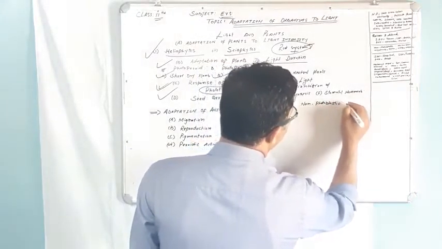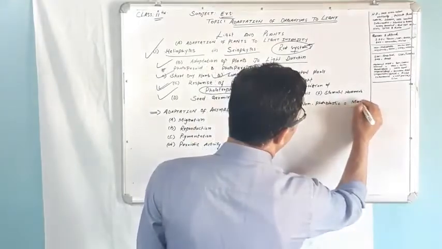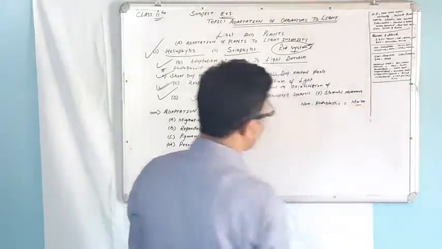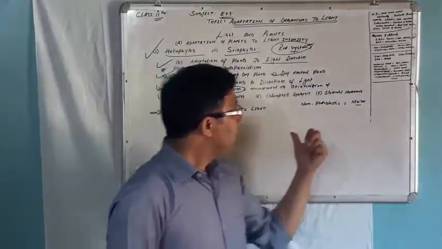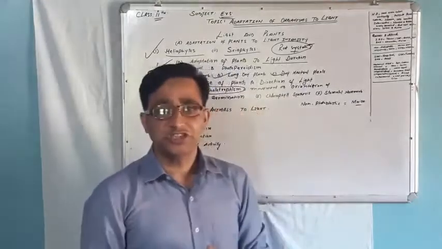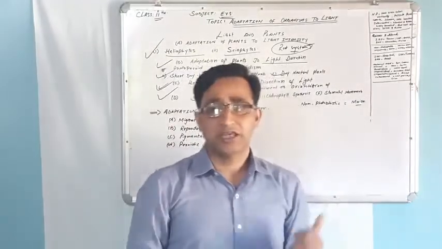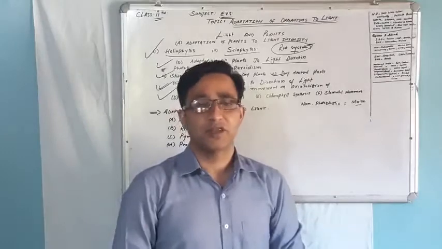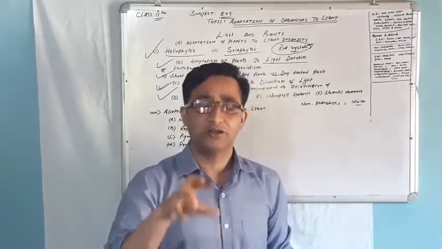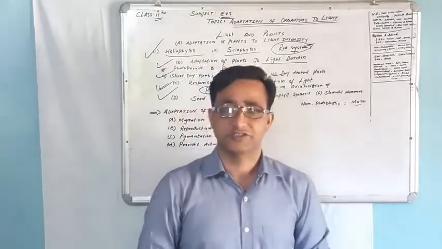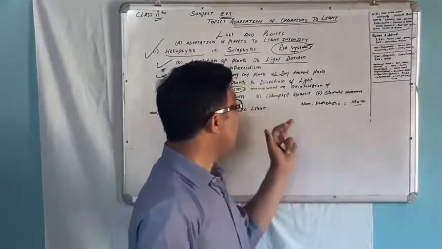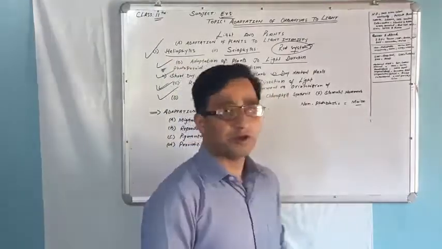For example, maize. हाँ, maize के जो seeds होते हैं, they can germinate in absence of the light. They are called non-photoblastic seeds.